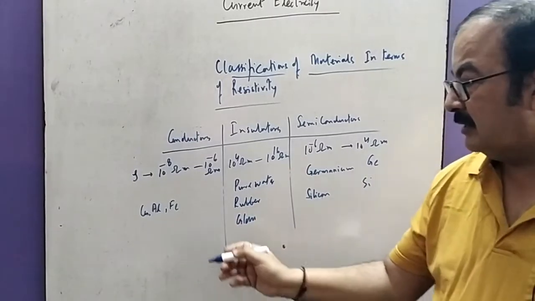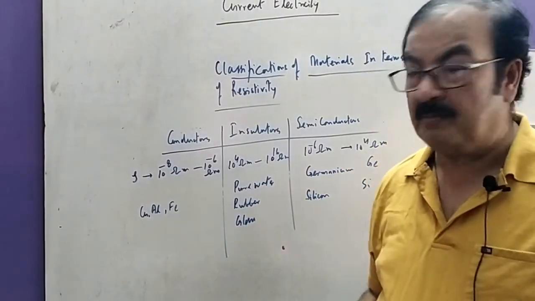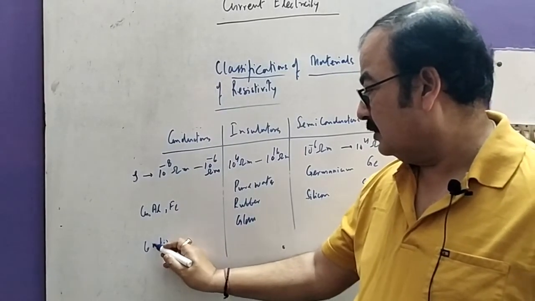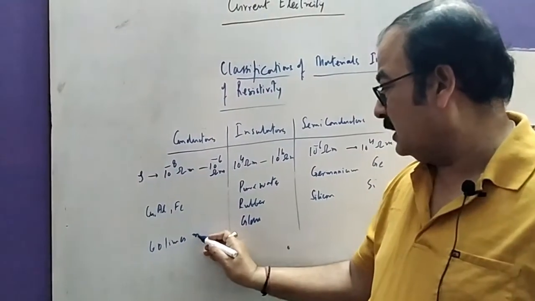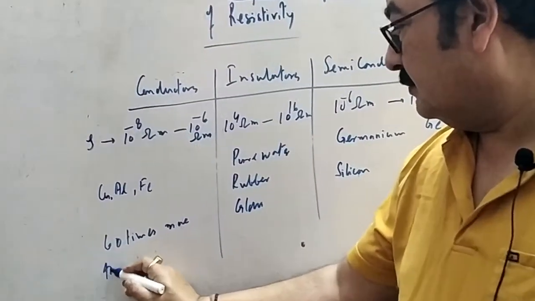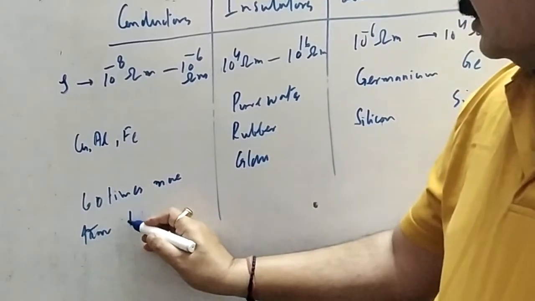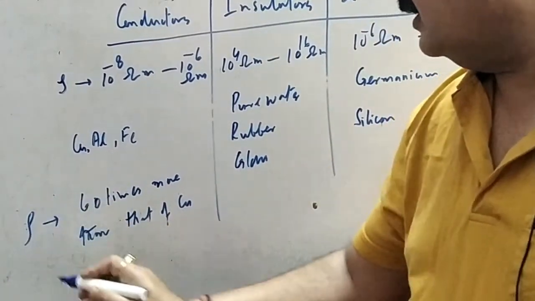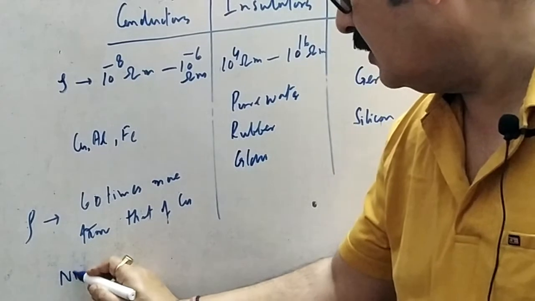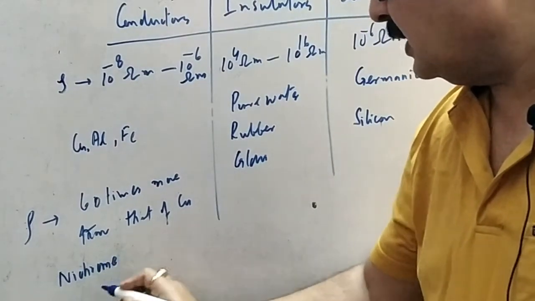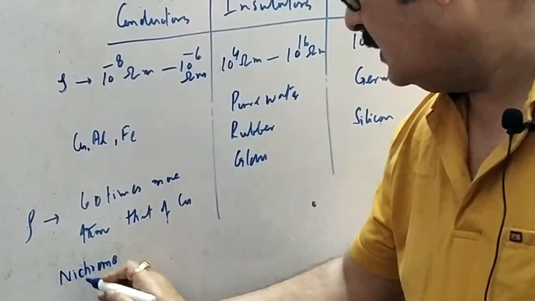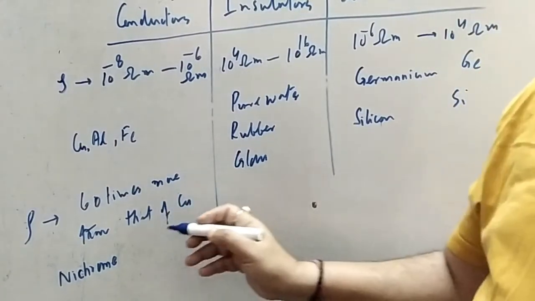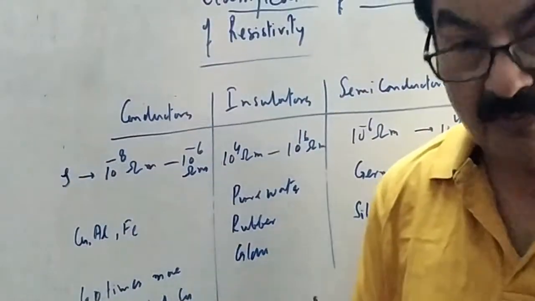And here we can have even nichrome. Nichrome always has a resistivity which is 60 times more than that of copper. Okay, therefore where is it used?